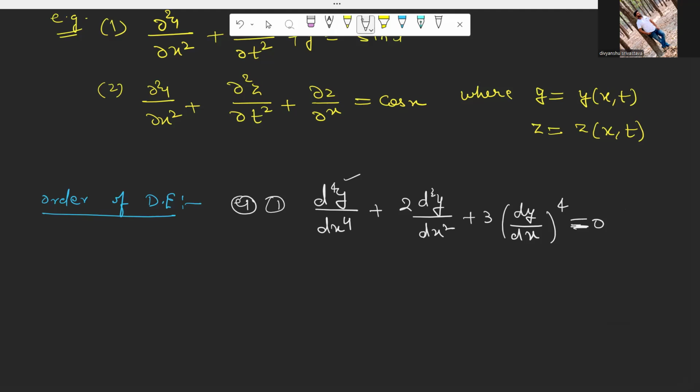The order of the highest order derivative involved in a differential equation is called the order of the differential equation. Try to check by example. I will tell you the definition part.